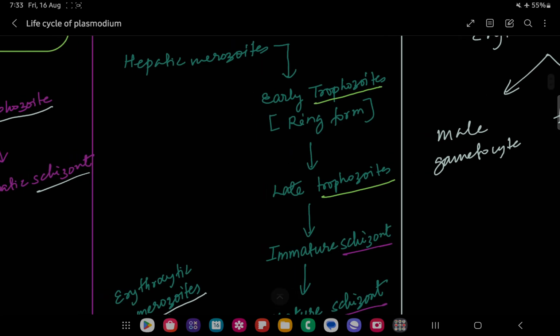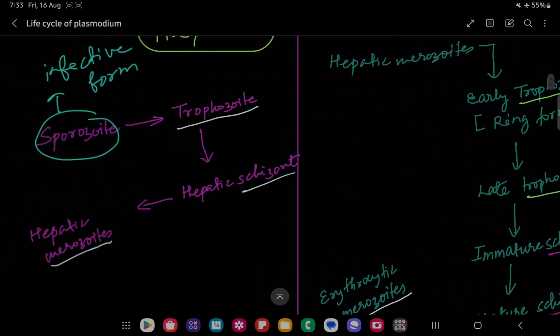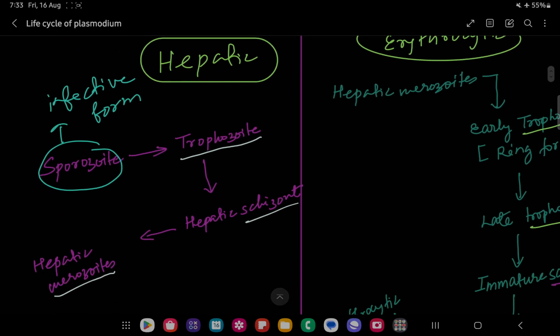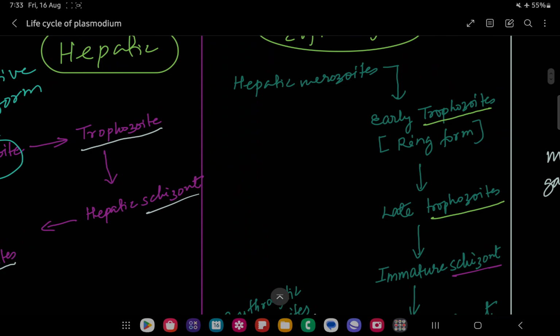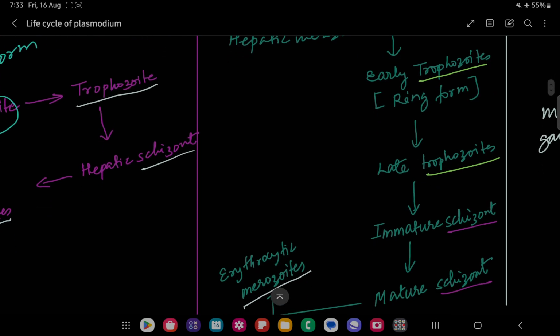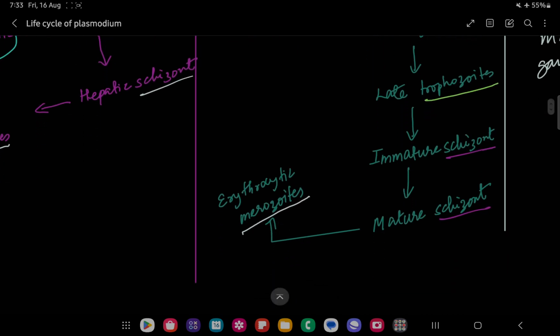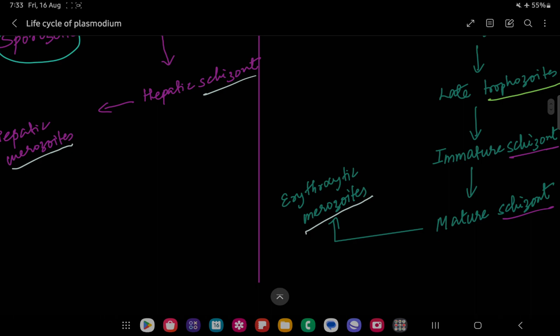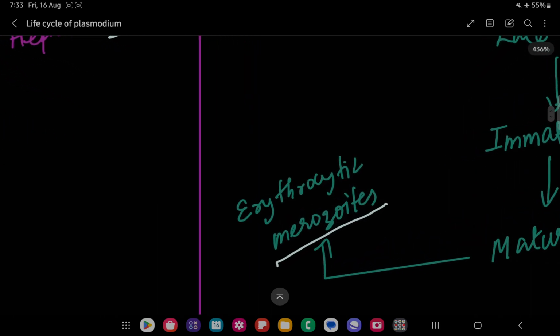Then from the late trophozoite, an immature schizont forms, and from immature the mature schizont is formed, and when it has to leave the RBC, it is called an erythrocytic merozoite.